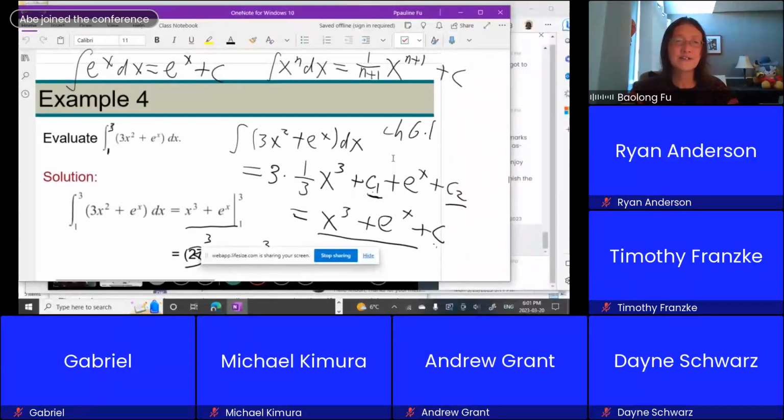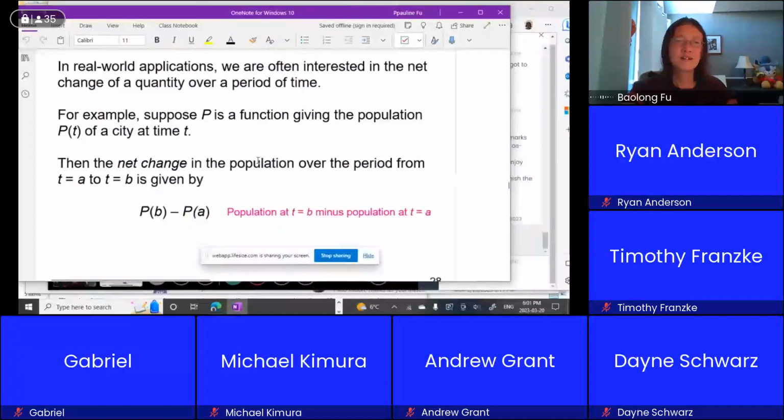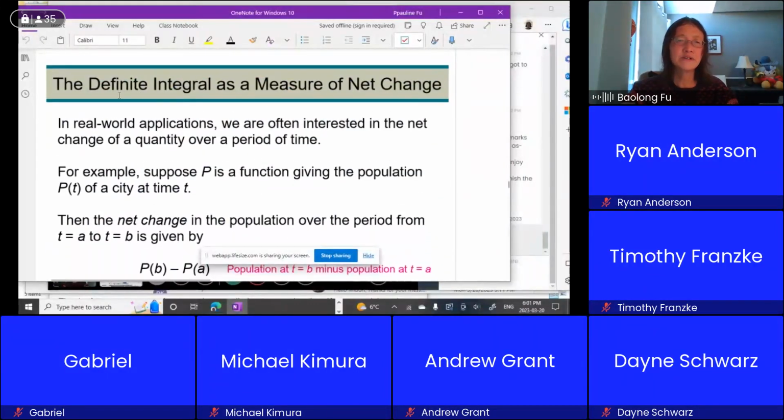Great. So last class we finished up to here, example 4. Now we continue here, the definite integral as a measure of net change. So in real applications, we are often interested in the net change of a quantity over a period of time.